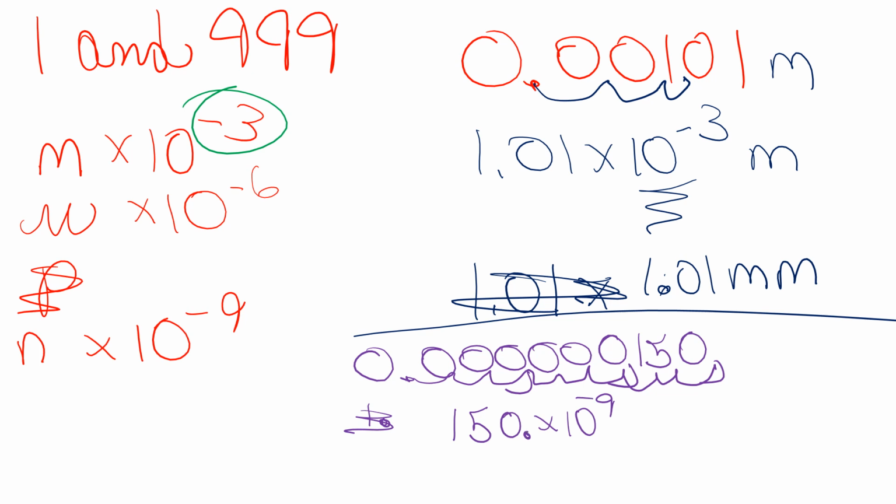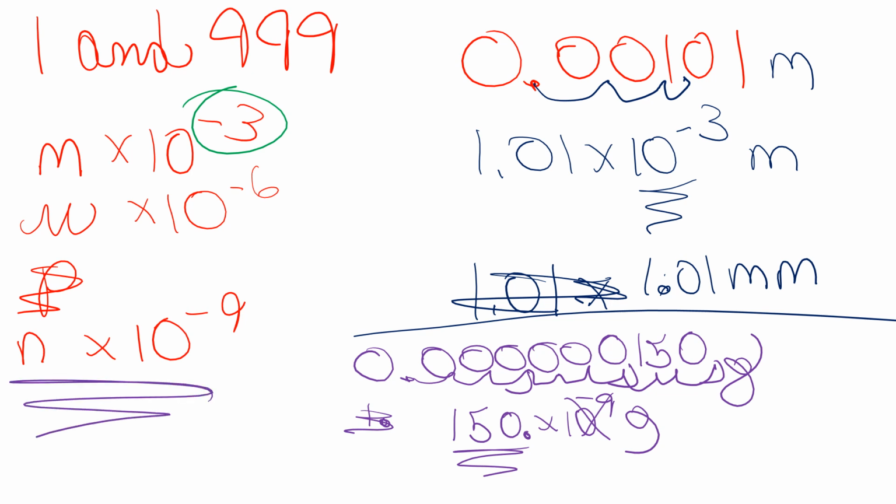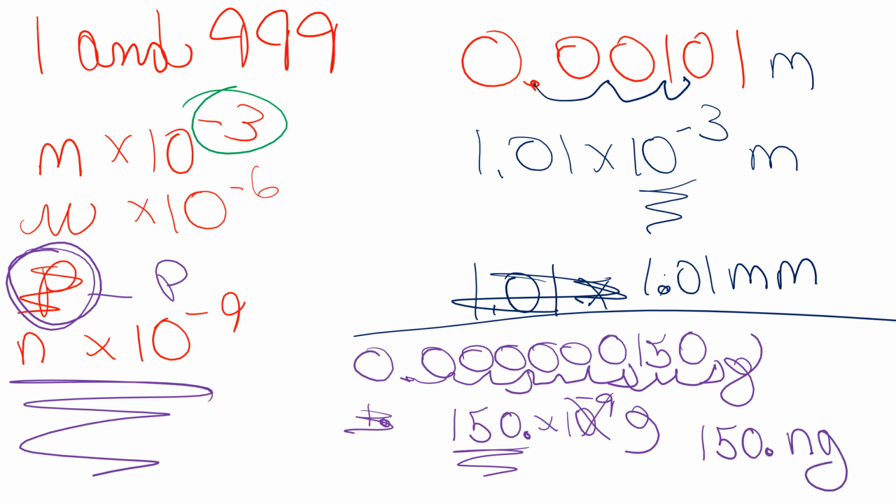I'm going to put a decimal there. So that is tricky. Let's say grams. And now we can replace that negative 9 with nano. Whenever I write these, I often think pico is negative 9, but then I remember they both, nano and 9, start with N. Therefore, 150 dot nanograms.